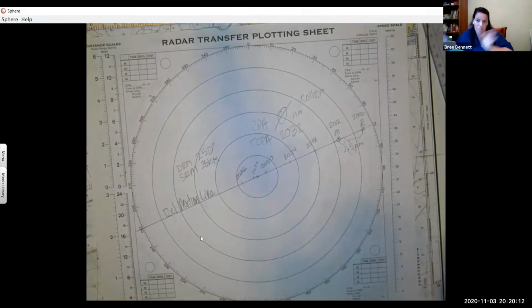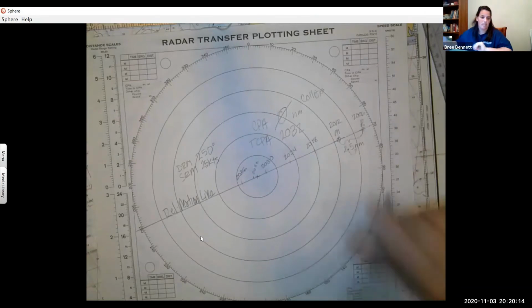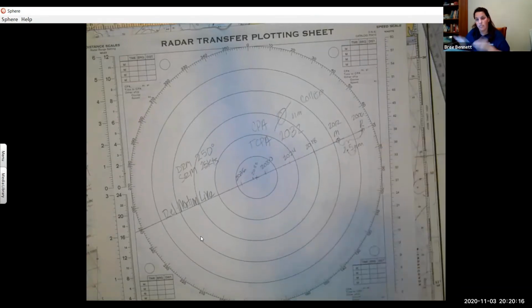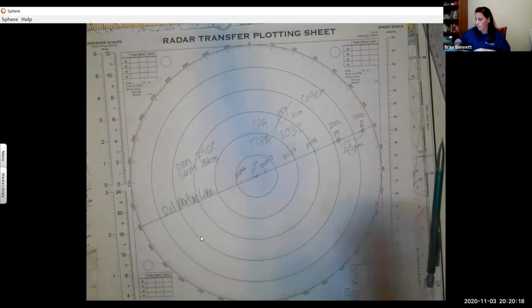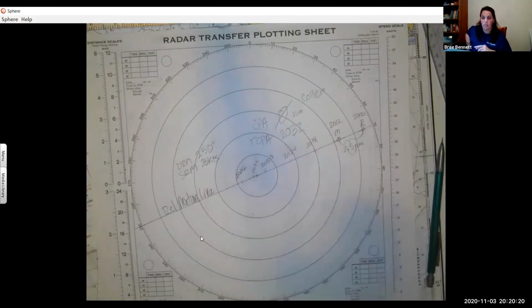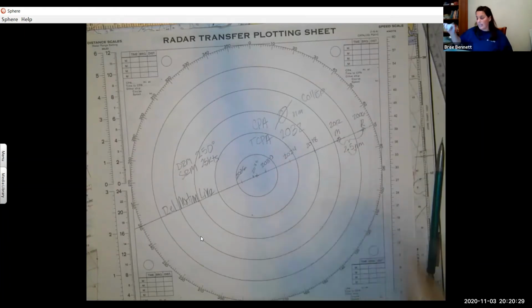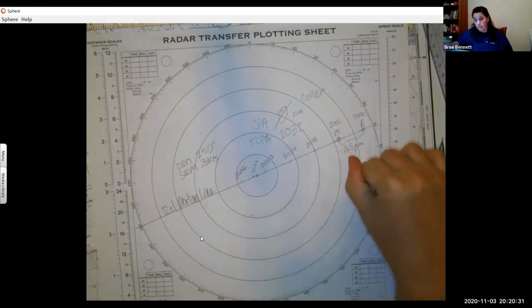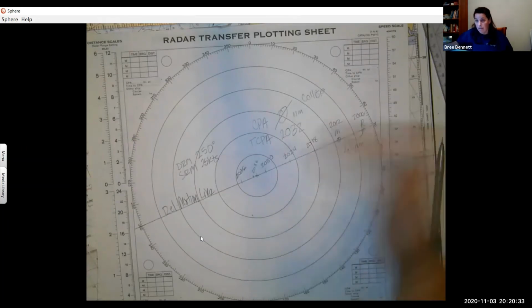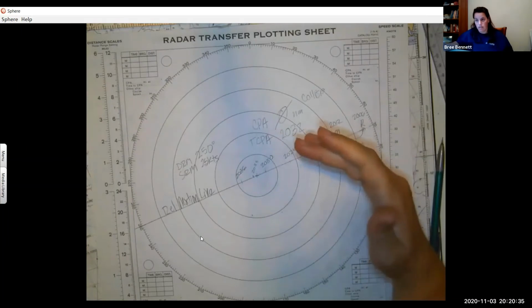You don't have to do that. Again, your scale here is 3 minutes, but I'm just pointing out how you can divide it up a little bit if you want. Okay, so that is our relative motion line. Now we're going to add in our E so we can plot their true course and speed.